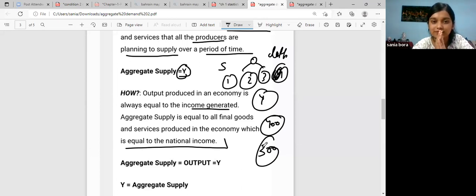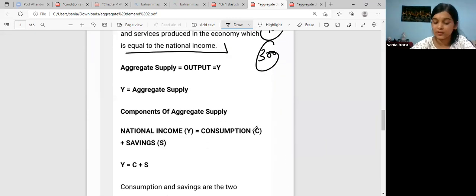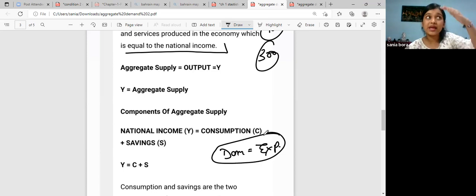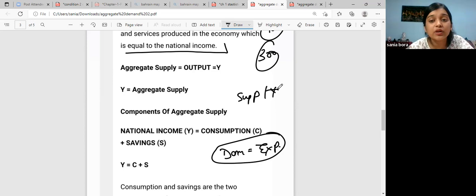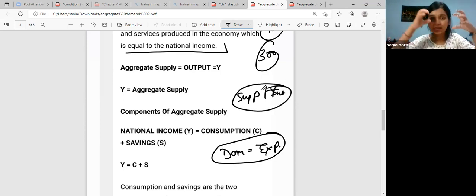Wait. When we were demanding, you will do expenditure, right? So aggregate demand is somewhere aggregate expenditure. But if you are supplying something, supplying means selling something, you will get your income, you will get money. So supply is your income, but your demand is your expenditure.